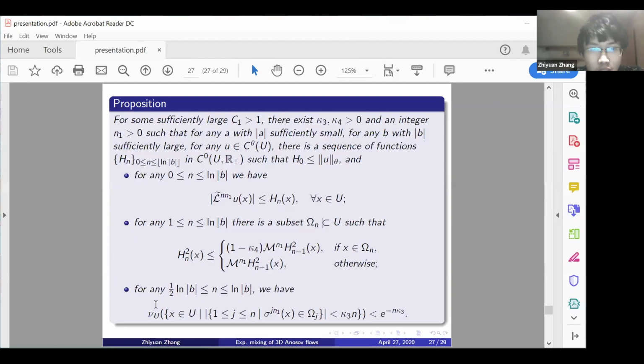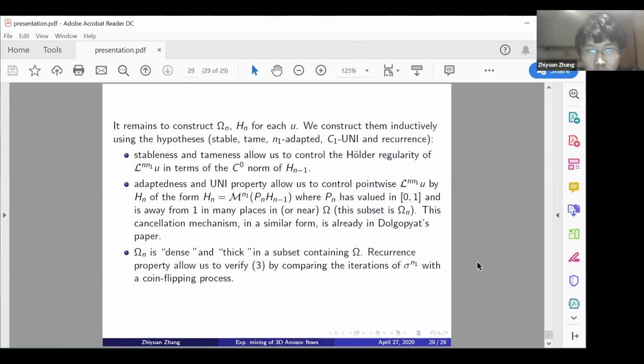Then the last thing is this recurrence, because the main thing is that this set will change at each step. Because at step j, you want it to run into sigma omega j. It will change from time to time, but this is also not a problem because all of these omega j will be, in a certain sense, dense and thick in omega.